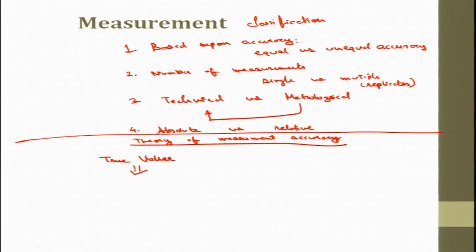True value is given by the standards, which may be primary standards or secondary standards. But the true value that we have in the actual industrial or laboratory environment is some value that is not exactly the true value, but is acceptable.